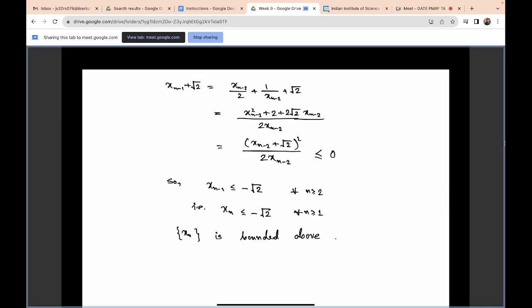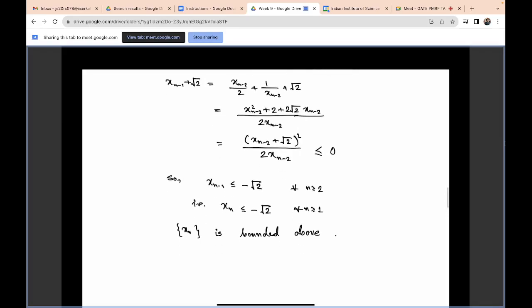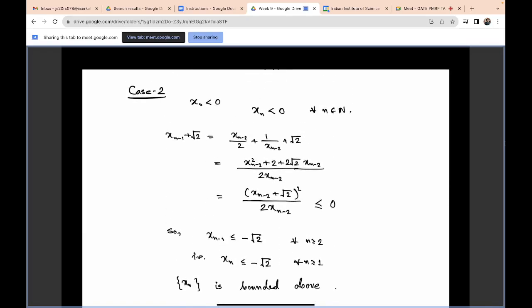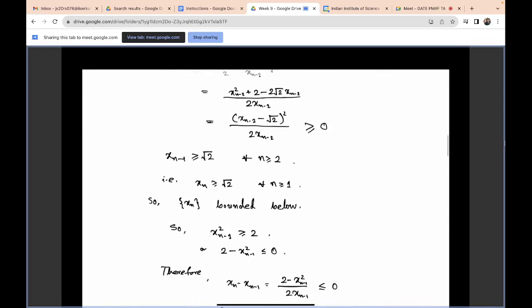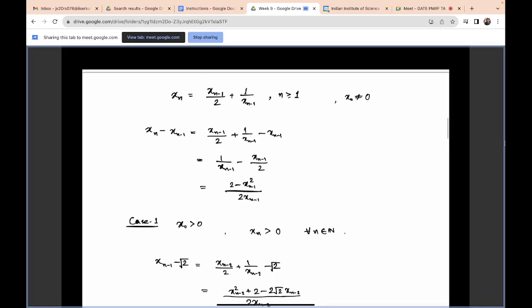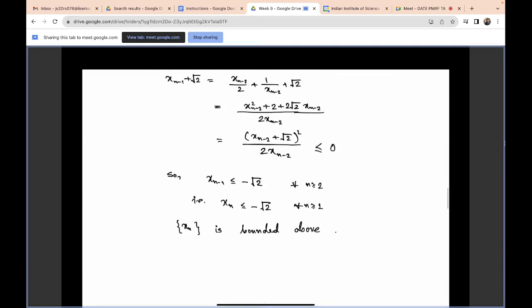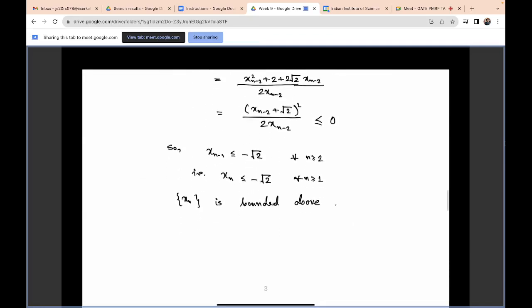Now we have to check if xn is monotonically increasing or not, and then it will converge. From earlier, we have xn minus 1 less than minus root 2.